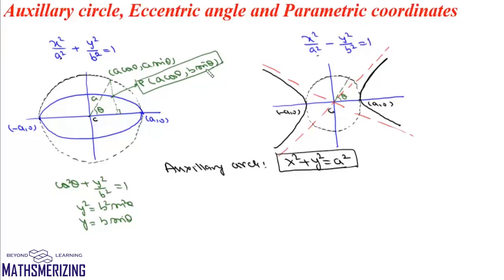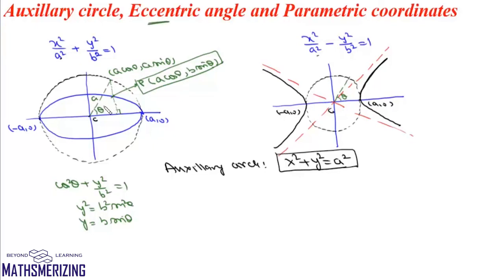So if we have any standard ellipse which is given by x square upon a square plus y square upon b square equals 1, and if we have to choose a point on this ellipse, then either we can take it in terms of x and y. We can write x1 square upon a square plus y1 square upon b square equals 1, or we can simply take this point as a cos theta and b sin theta, which is in terms of its parametric coordinate, and this angle theta is called the eccentric angle.